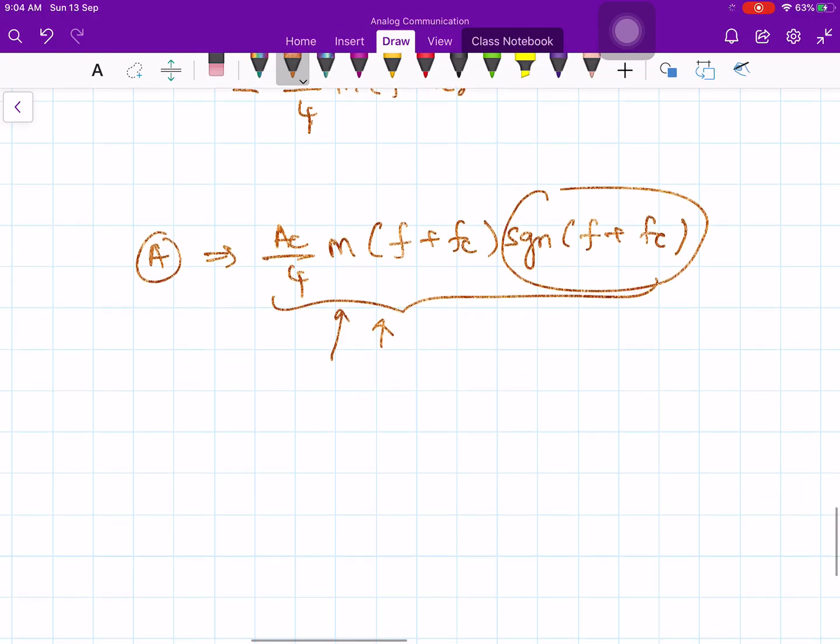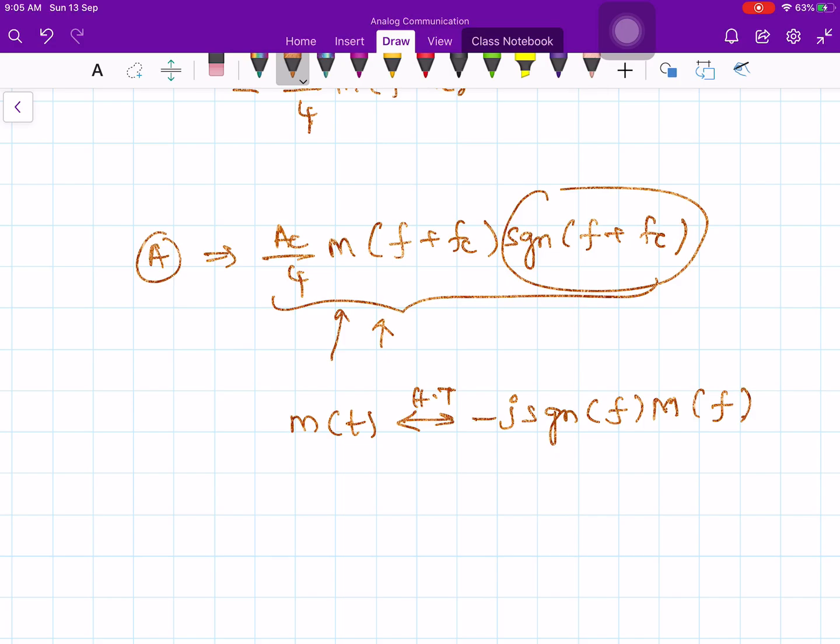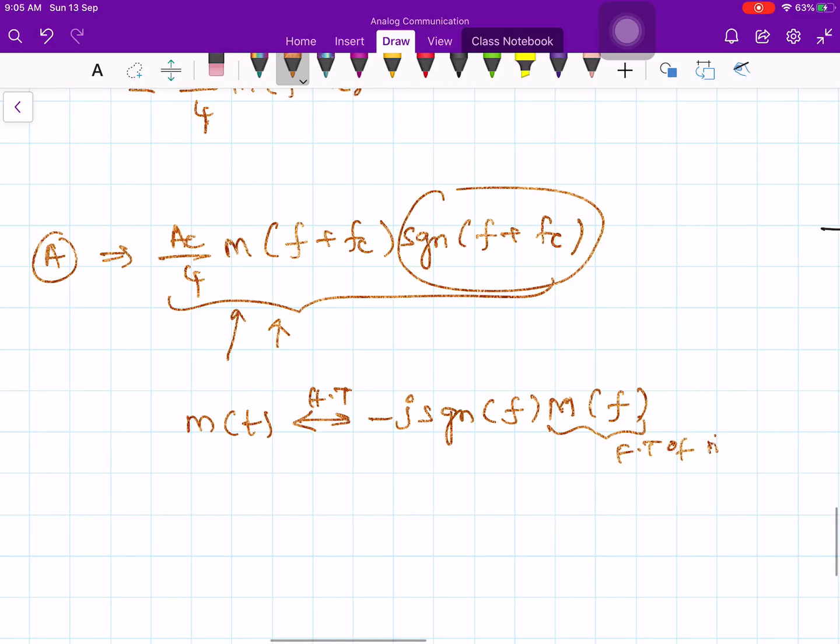If you recall, the Hilbert transform of m of t is minus j times signum of f times the Fourier transform of m of t. This m of f is the Fourier transform of m of t.